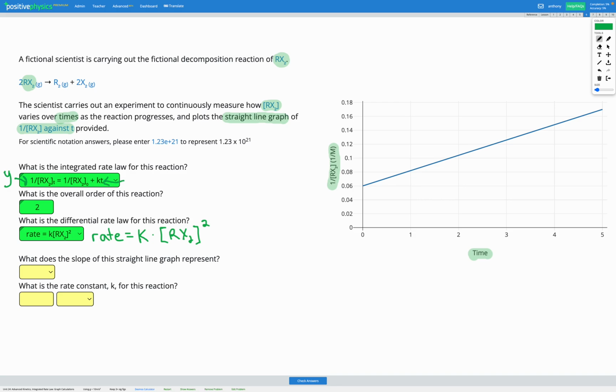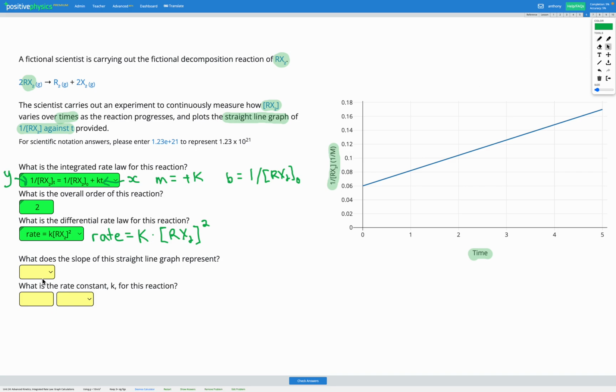The t is going to be our x. So the m is going to be positive k, where k is the rate constant. The b is going to be 1 over the concentration of Rx2 at the beginning. So our slope is equal to our rate constant.